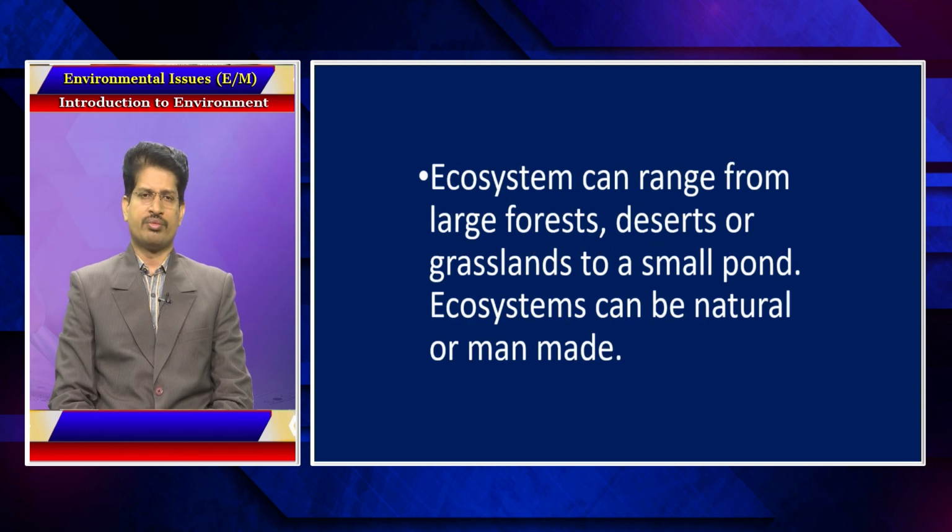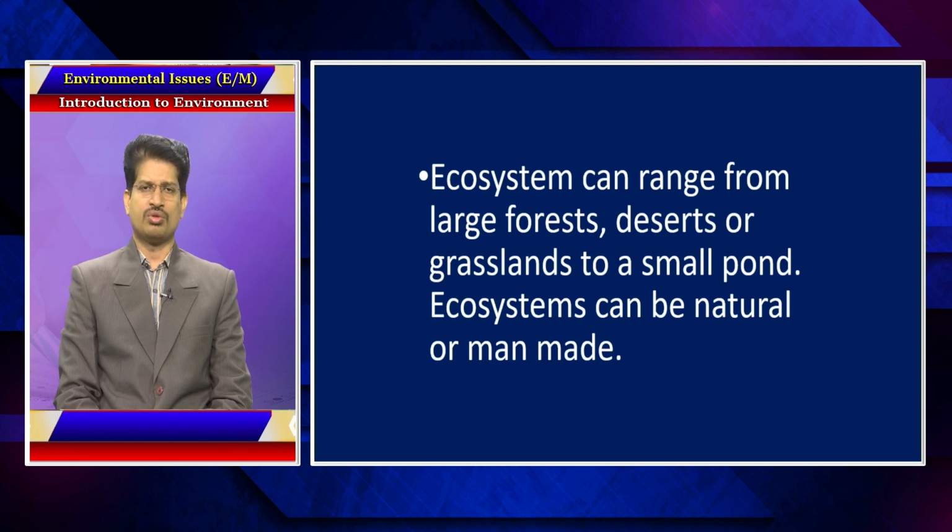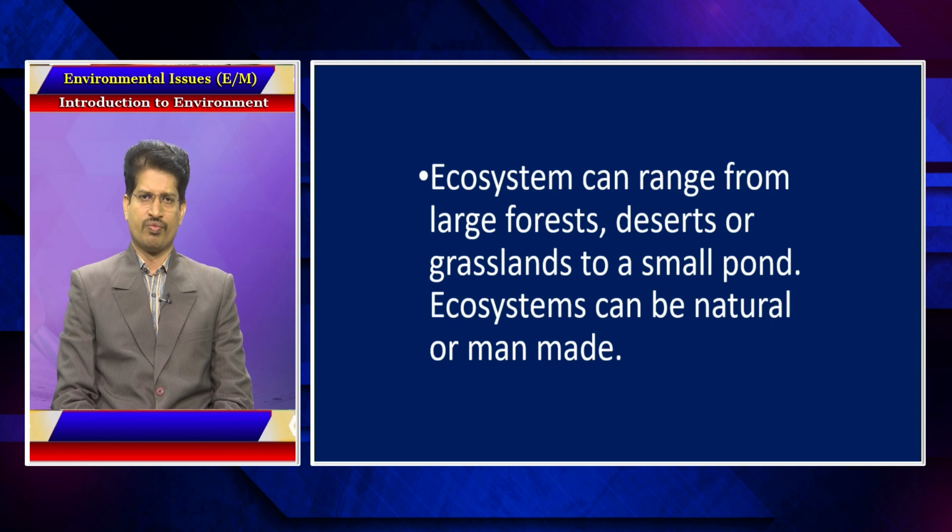Ecosystems can range from large forests, deserts or grasslands to small ponds. Ecosystems can be natural or man-made. You have aquatic ecosystems; for example, the marine environment, the oceans, the lakes, the rivers can be given as examples. Then there are terrestrial ecosystems: the forests, the deserts, the ice caps, the glaciers.